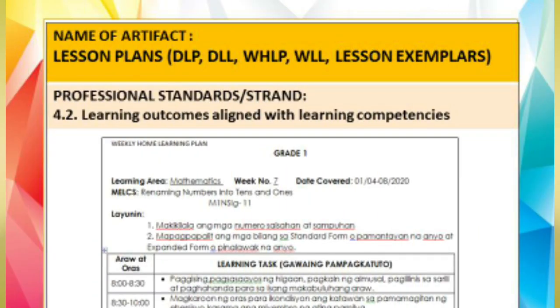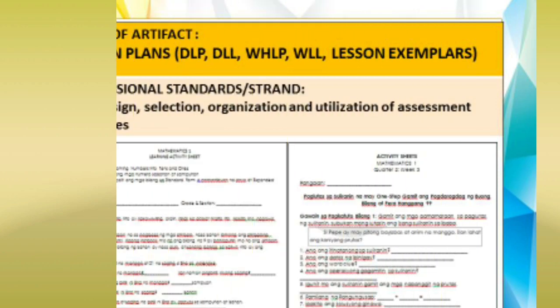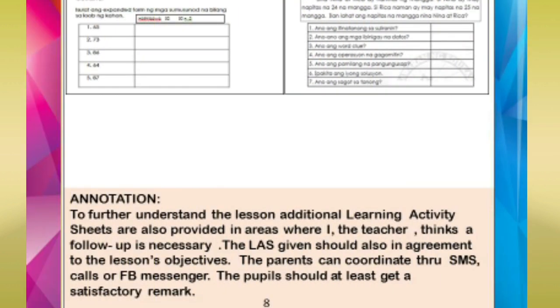So, I use the WHLP. Its objective should align with the learning outcomes or dun sa yung evaluation found on your lesson plans. Then, 5.1, Design, Selection, Organization, and Utilization of Assessment Strategies. I use the learning activity sheets. Then, explain further on your annotation.